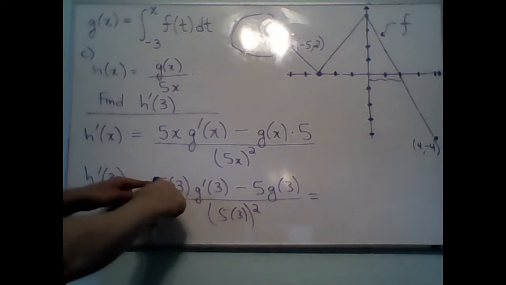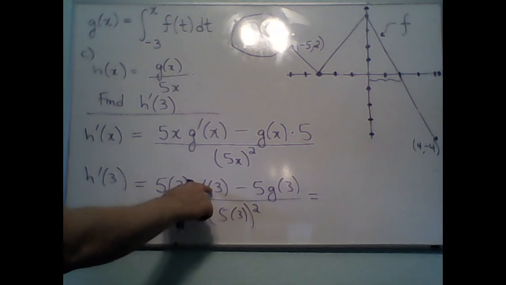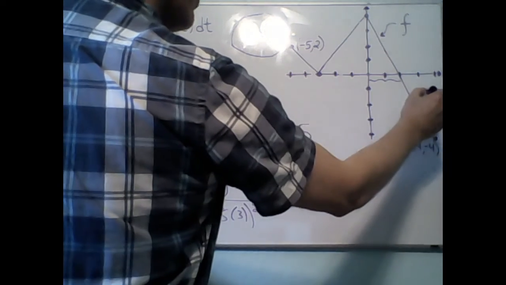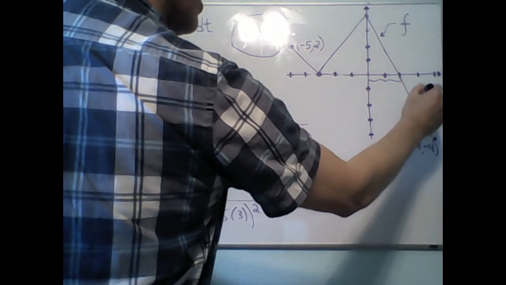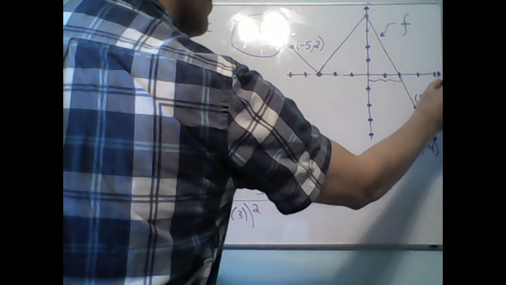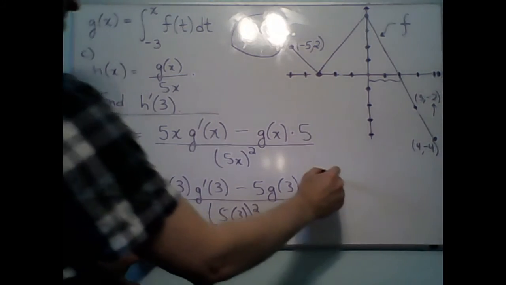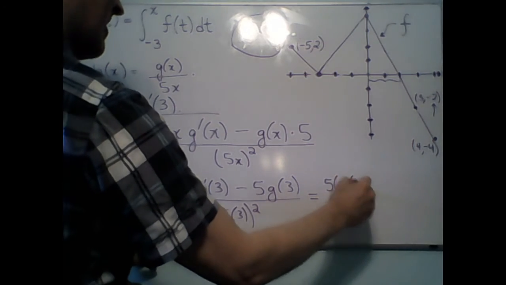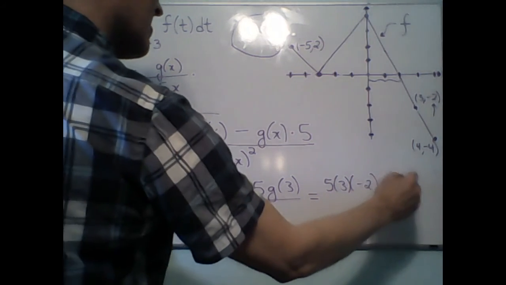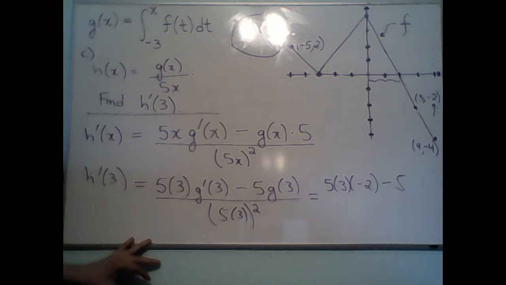All right, 15. g prime of 3 is just, remember g prime of x is just f of x, so g prime of 3 is f of 3, and f of 3 is this point here. We've got 3, -2. So f of 3 is -2. So that's 5 times 3 times -2 minus 5 times, what is g of 3?